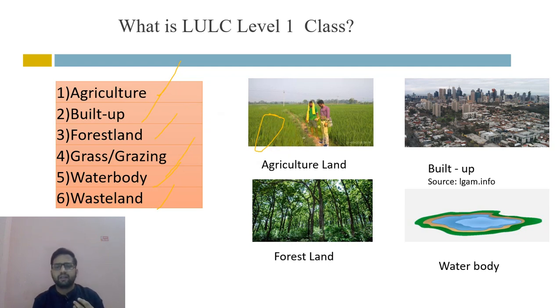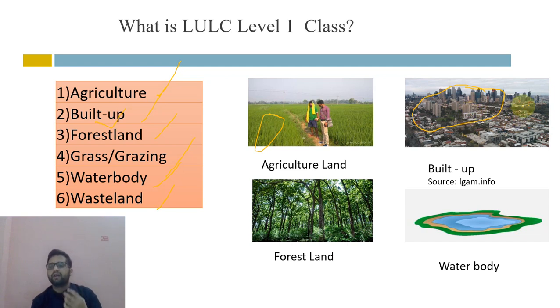We can see here the paddy land used for agricultural productivity, or used in food processing and livestock farming. That is agriculture. Another is built-up. Built-up means when we use the land surface as a residential area. Here we can see the residential area, it's covered with non-agriculture area.